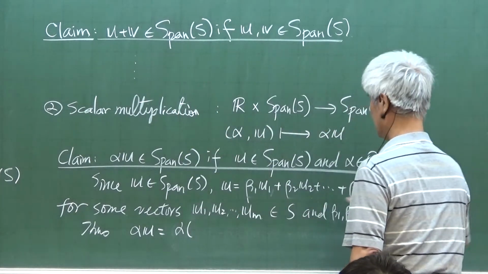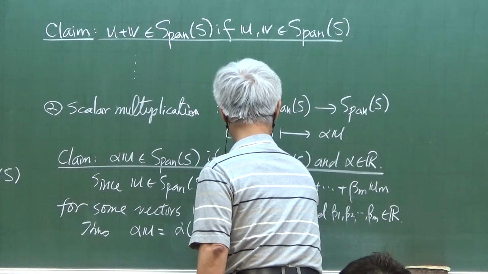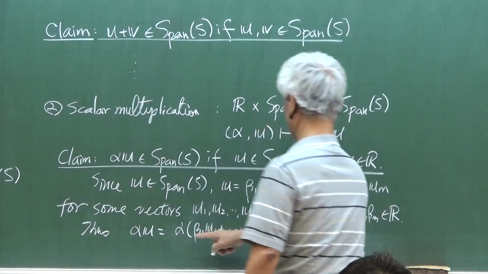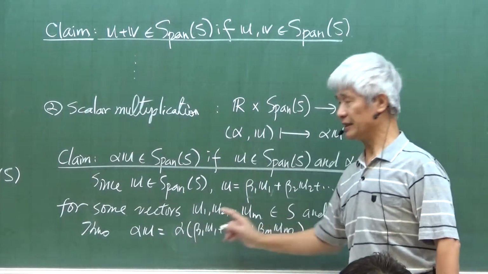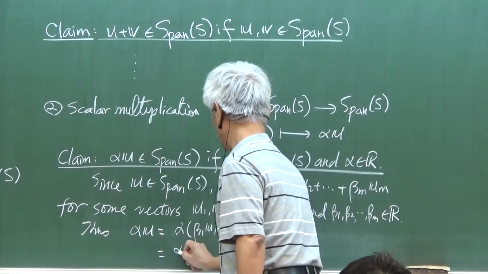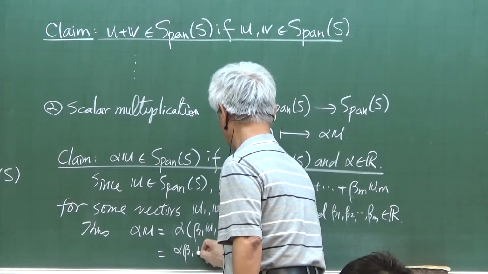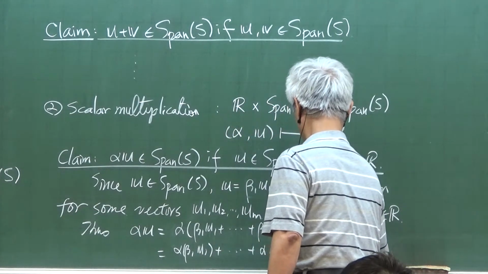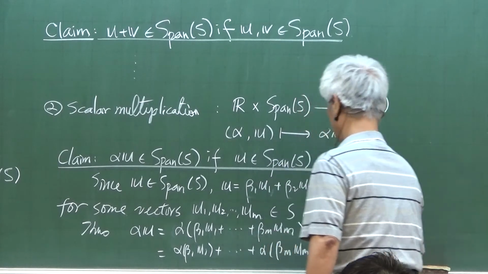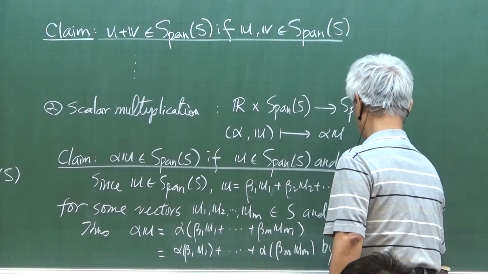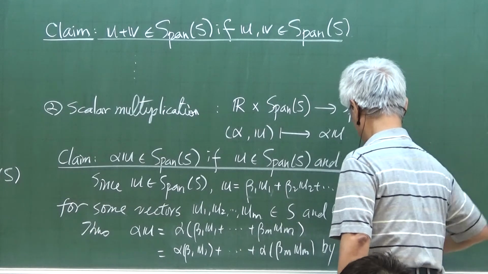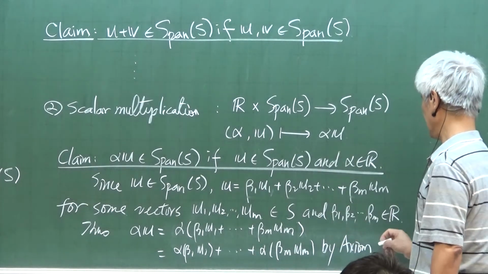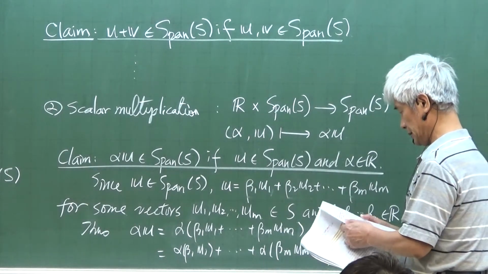So now I replace the alpha here, right? So it's alpha times beta 1 u1 plus up to beta m um. Okay, so now it's here. And now by the distributive law, I get alpha beta 1 u1 plus up to alpha beta m um, by axiom 5. Let me check it.